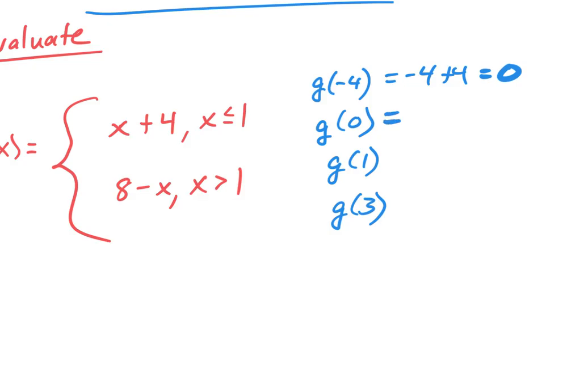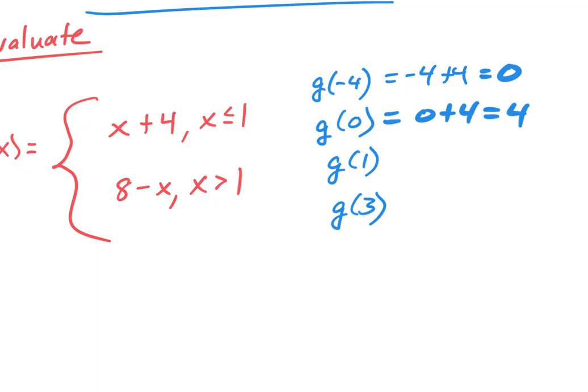Then I'm just going to keep working my way through. Then I'm going to go to 0. 0 is also less than or equal to 1, so we plug it into that first function again, which gives 4. The math isn't really that hard. It's just deciding which function we're going to plug it into.